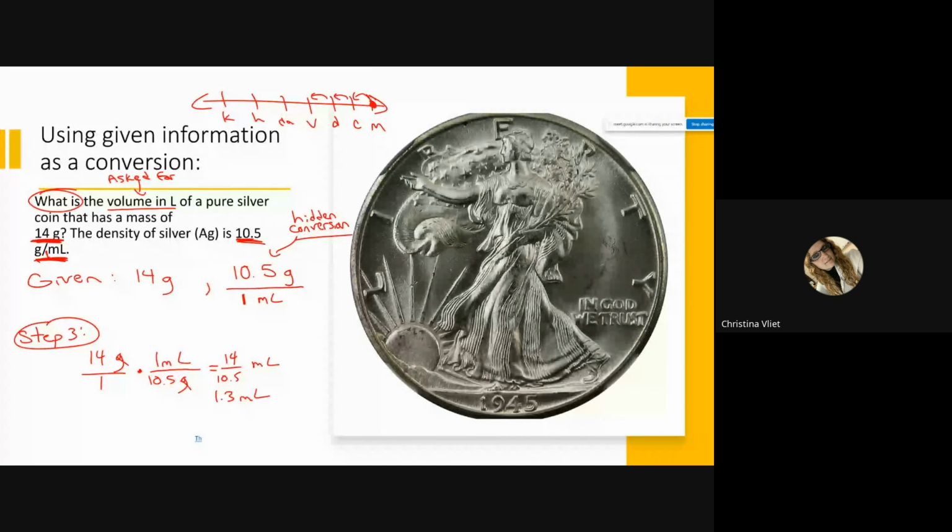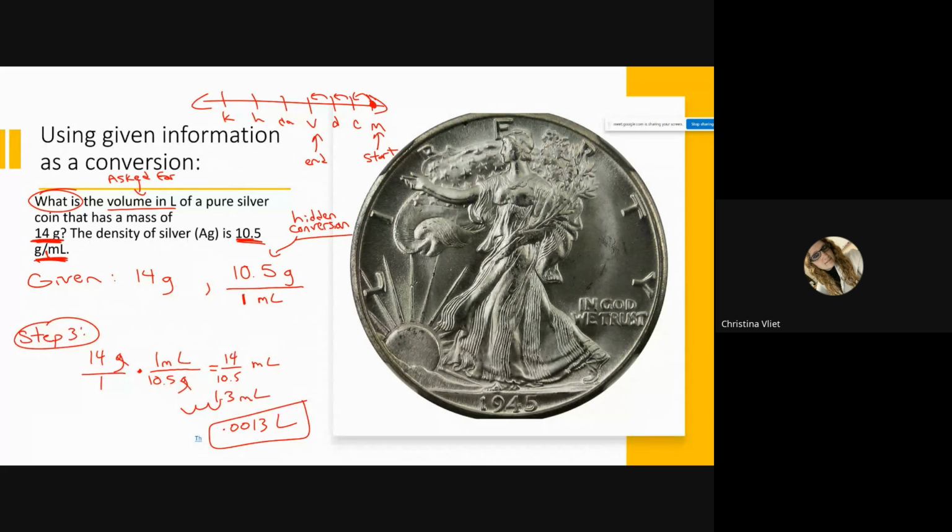So you do that here. 1, 2, 3. 0.0013 liters is your answer. You start at milli, and end at the base unit, because liters is a base unit. So it's 3 you have to move. And that's it. That does it.